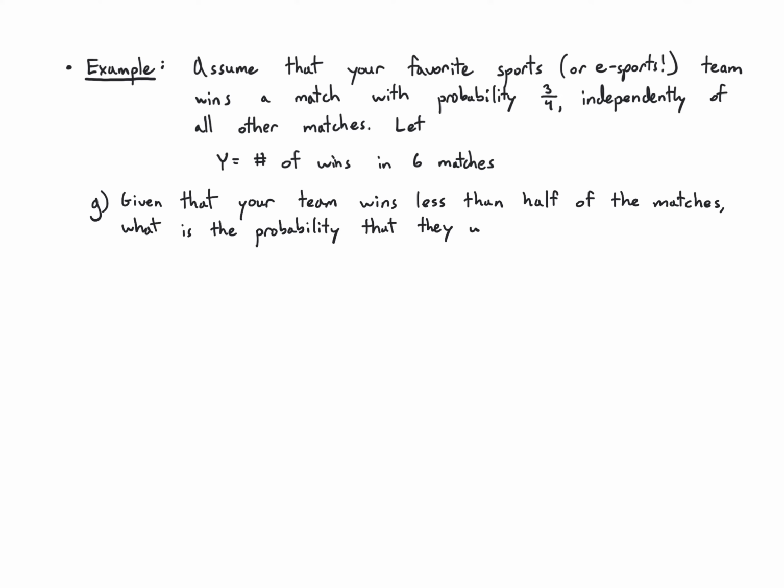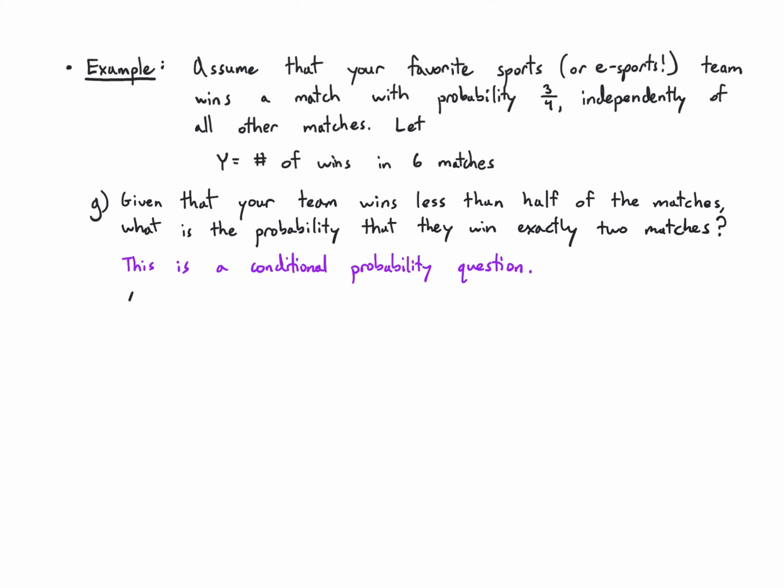If I just wanted to know the probability that they win exactly 2 matches, that is just plugging 2 into the PMF of the binomial. But in this case, since I have this given statement, I know this is a conditional probability problem. And we actually already have the tools to work out this question. We already know how to define and answer conditional probability questions. So we just need to figure out what our events actually are.